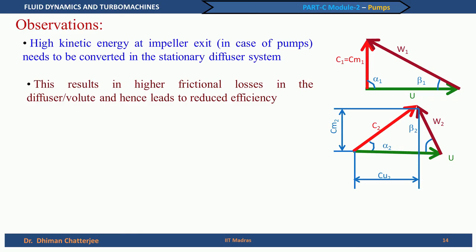This is not just for pumps, it is also valid for fans, blowers, etc. So let us see where the high blade angle is useful. Is it at all useful in any case or not? Let us take two examples. One is a fan or a blower which is used in mines or any such heavy industries.